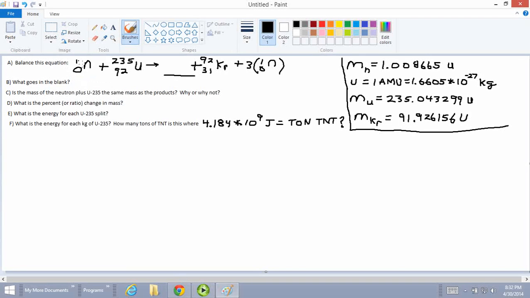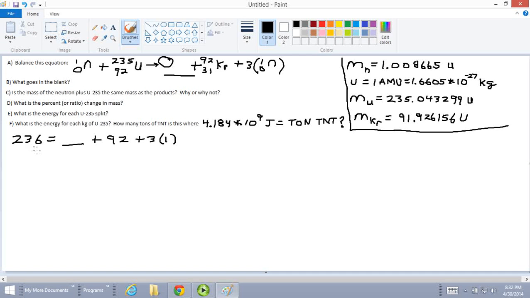The nucleon number: the neutron is 1 nucleon, the U-235 is 235. The nucleon number is conserved, so 236 has to equal the unknown nucleon number, the one that would go up here, plus 92 plus 3 neutrons. Each neutron has a nucleon number of 1.